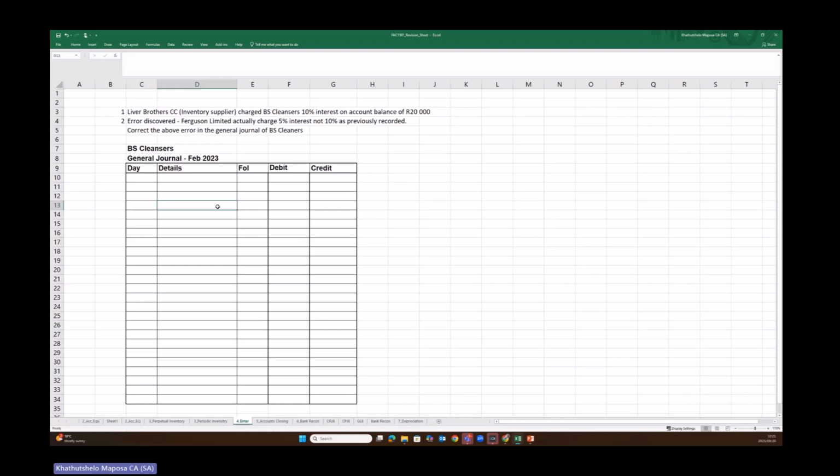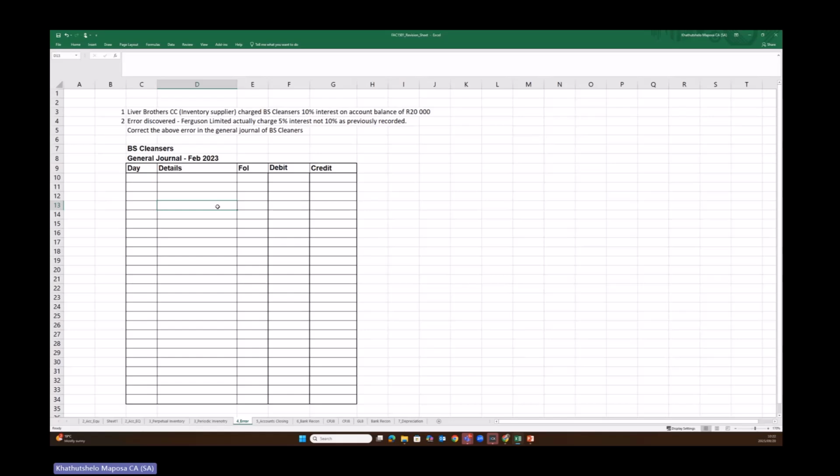Again, you can correct an error on the cash receipts journal, on the trial balance, on the general ledger, on the general journal, or wherever. You can be asked to correct anyway. For purposes of now, I have chosen to use the general journal to do this error correction.